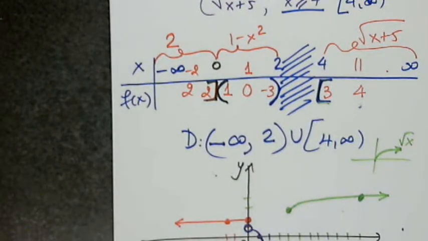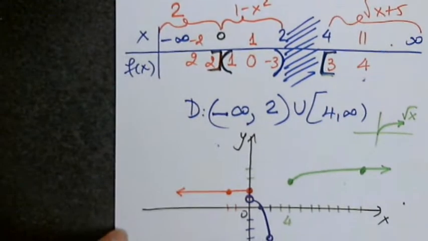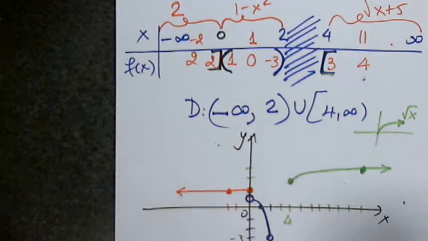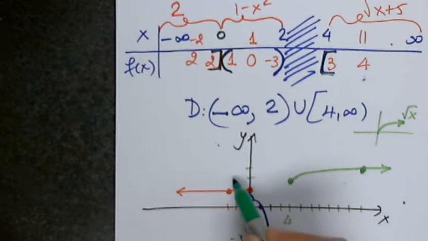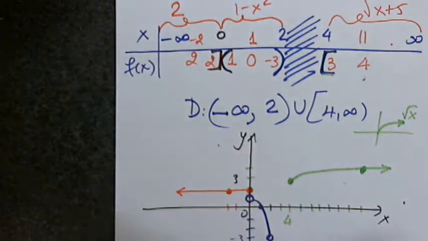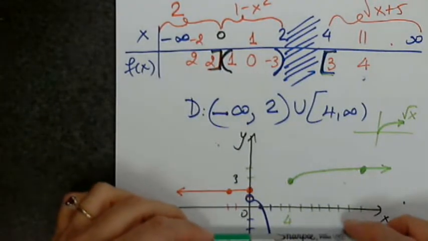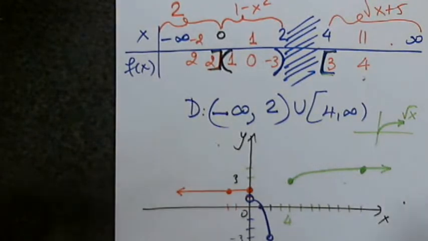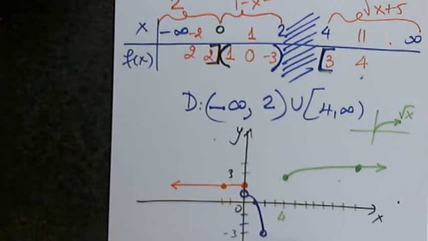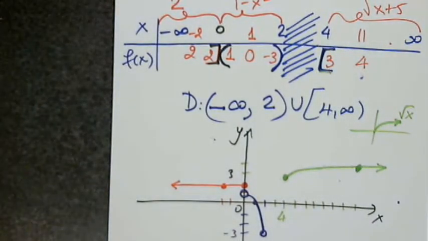Now, if I ask you, what is the range of this function? What would you say? From the smallest y value, which is not attained, it's not taken, in other words, -3, but with an open parenthesis, comma, where does it go?